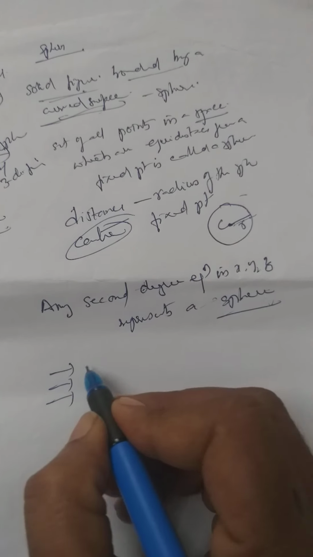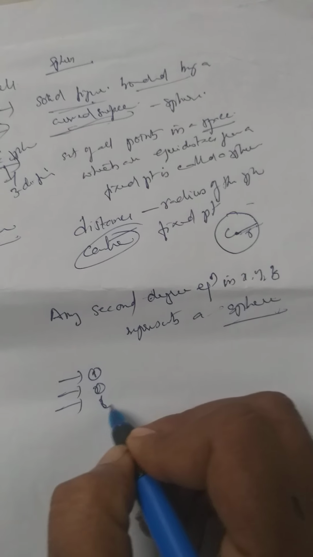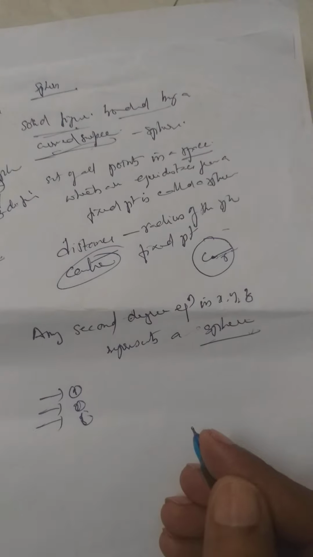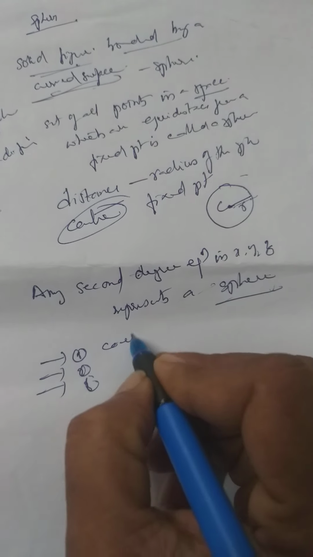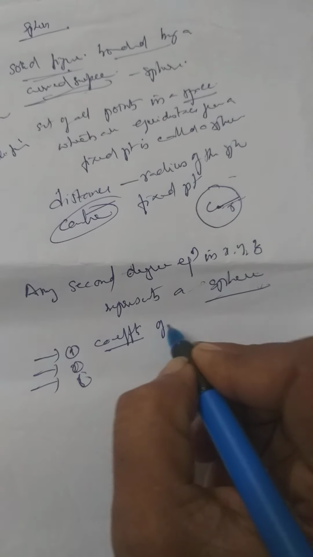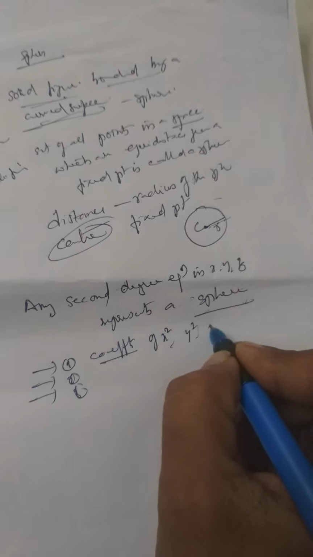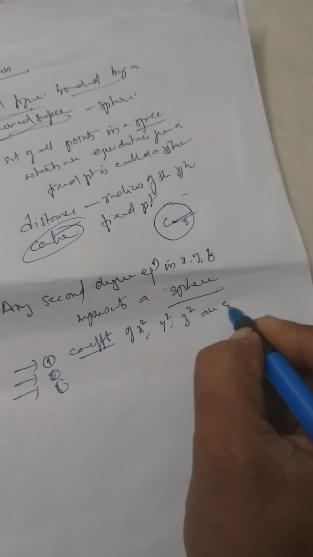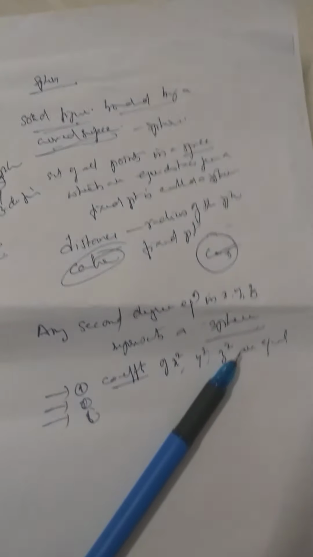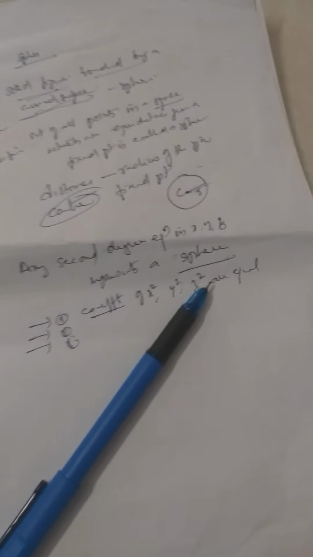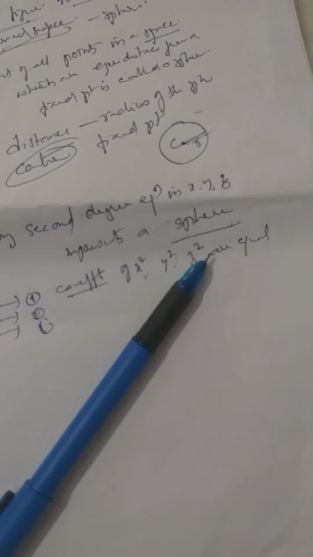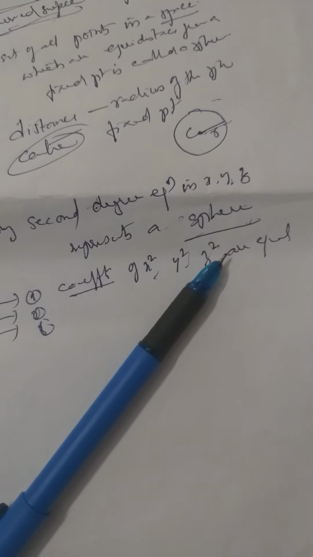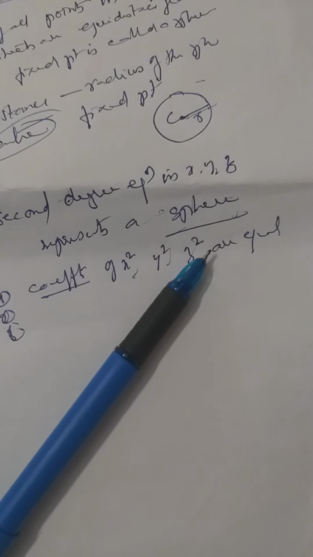There are three conditions. First one is that the coefficient of x square, y square and z square are equal. The coefficient of x square is equal to the coefficient of y square is equal to the coefficient of z square.